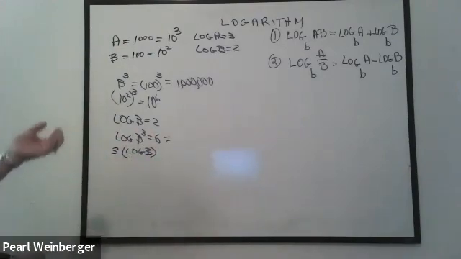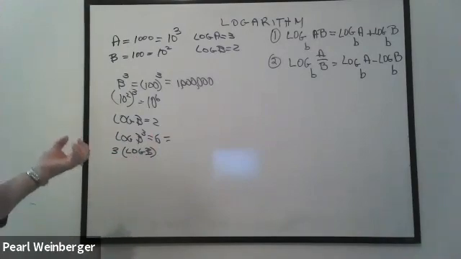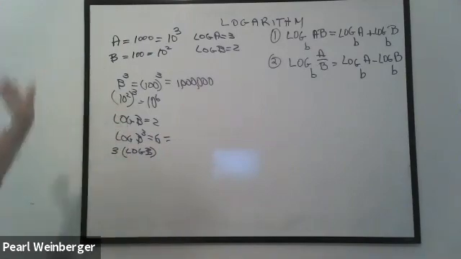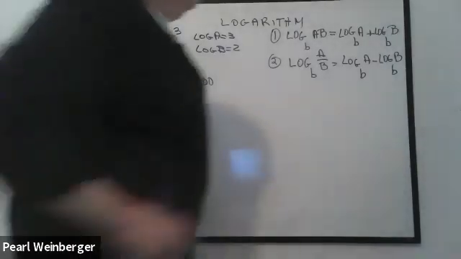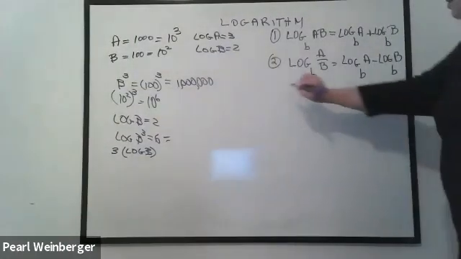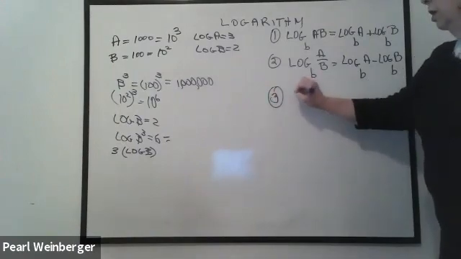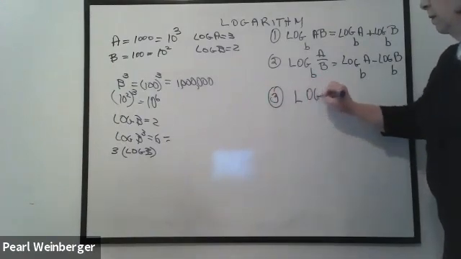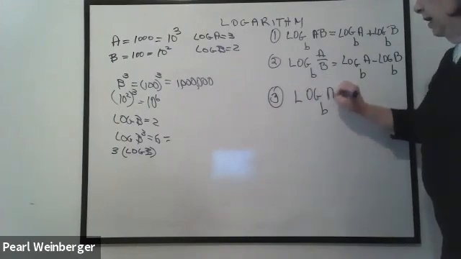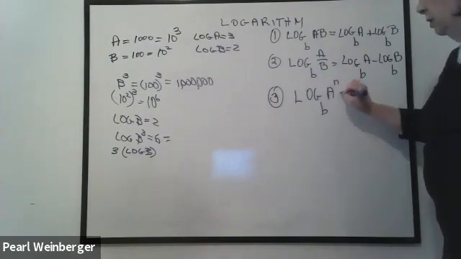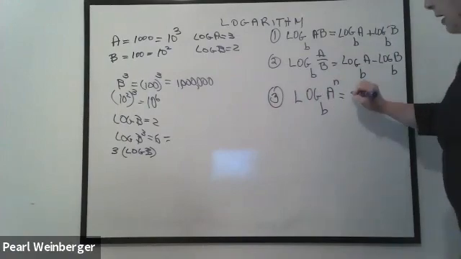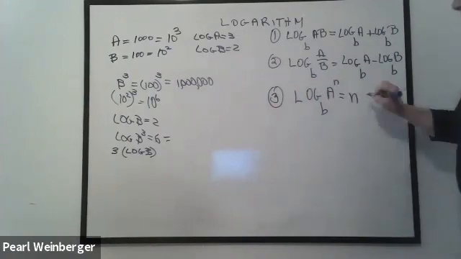In other words, when I'm dealing with logs, any exponent actually becomes a multiplier, or what we call a coefficient. In general terms, here's my third rule. The log base b of a to some exponent n is equal to the exponent n times whatever the log was.